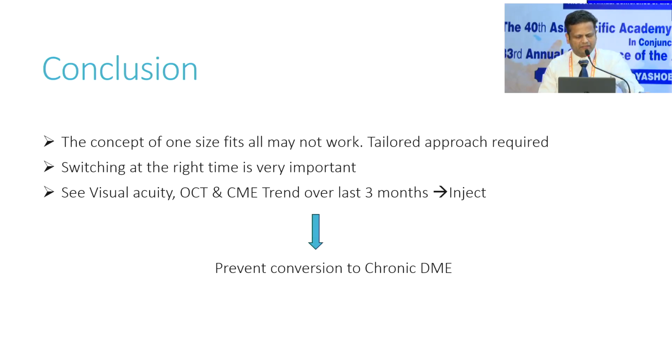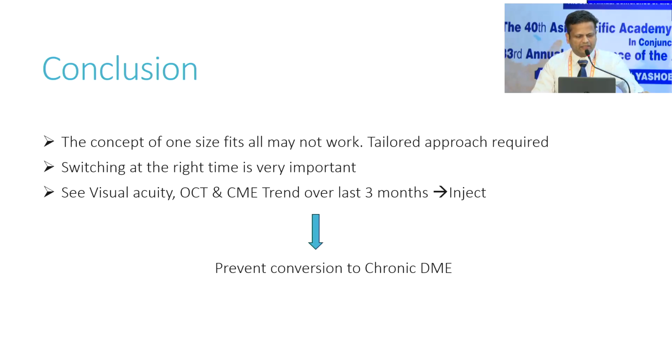Every eye is different. In my clinical practice, I start off with ranibizumab or aflibercept initially for 3 or 4 months continuously, and then if there is no adequate response, I switch to either dexamethasone implant or brolucizumab, and then continue with the treatment.